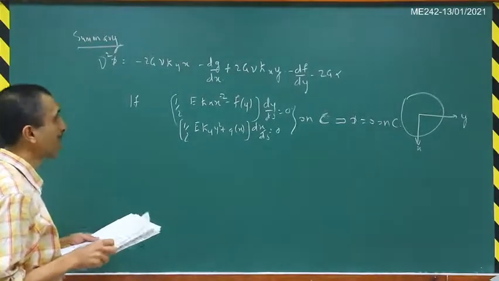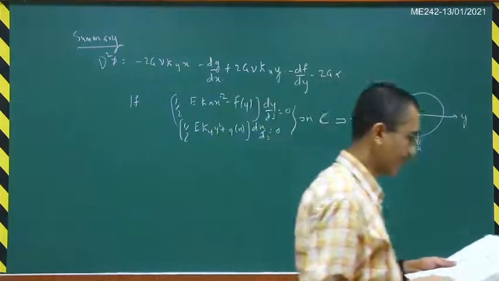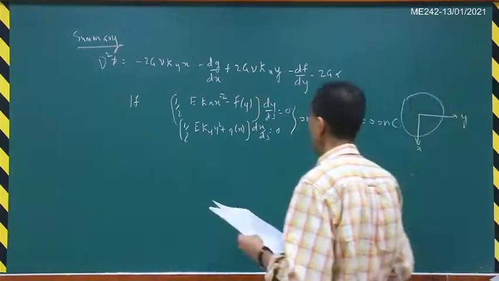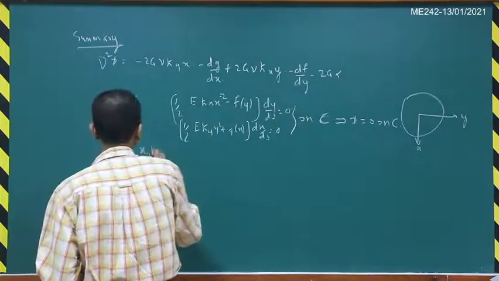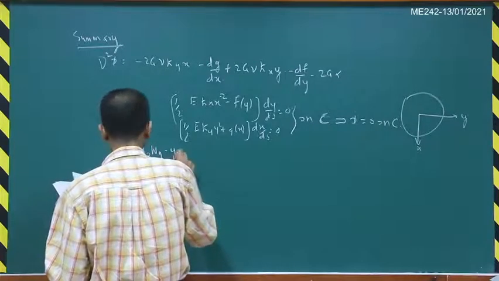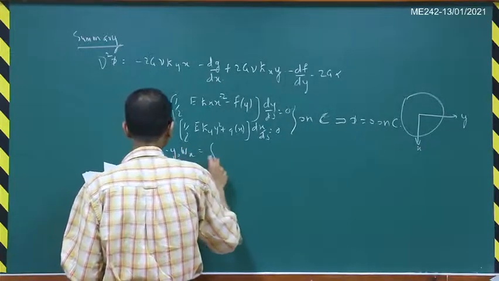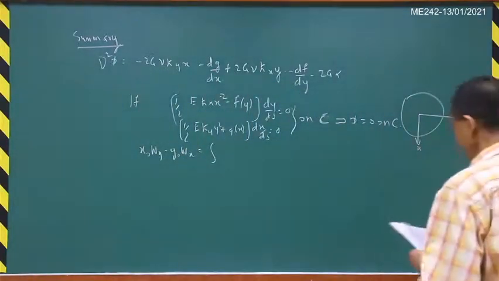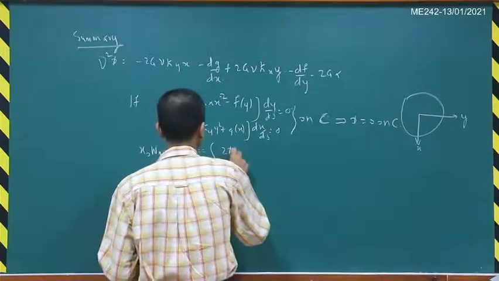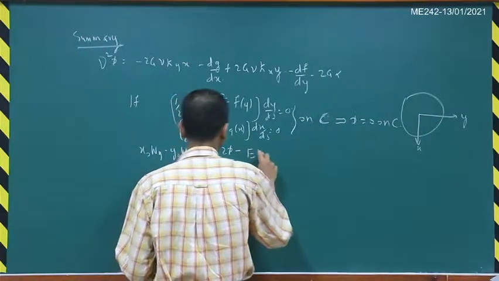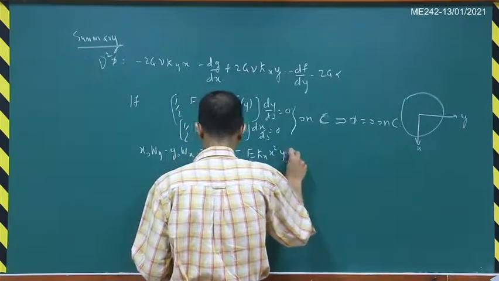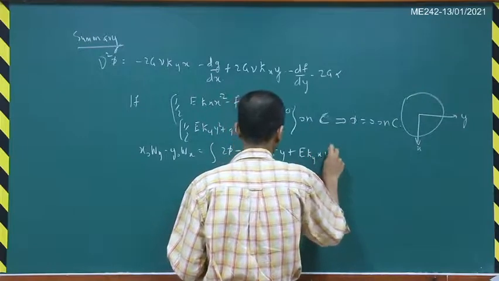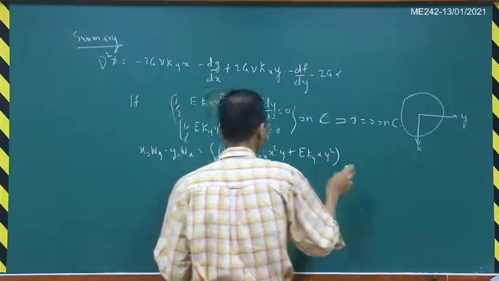And we also have an equation for determining the alpha. That equation is given by x0 times wy minus y0 times wx is equal to the integral of 2 phi times 2 phi minus e kappa x times x square y plus e times kappa y times x y square, times dA.